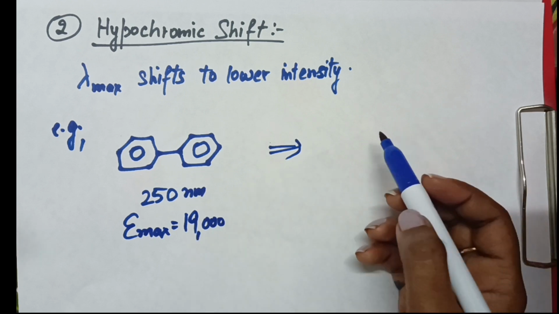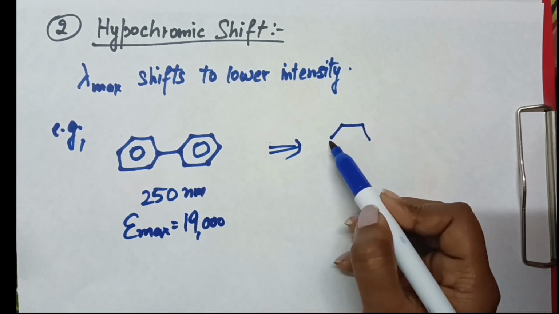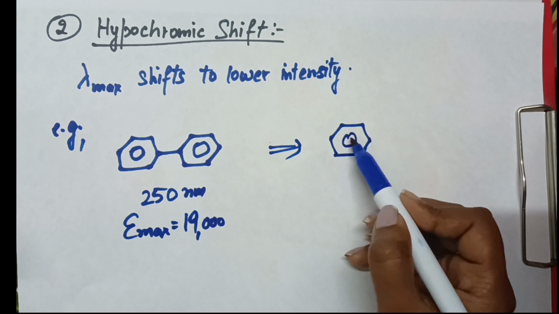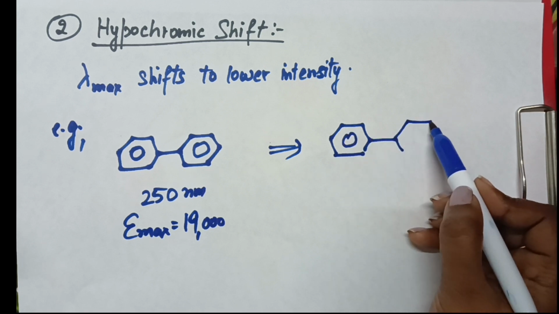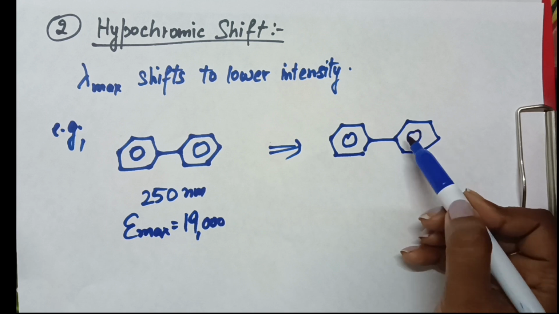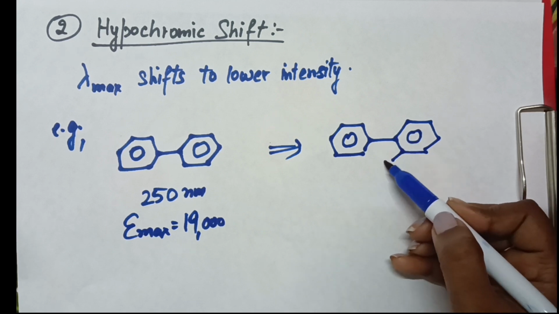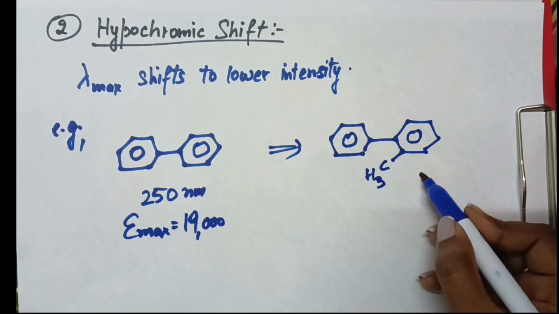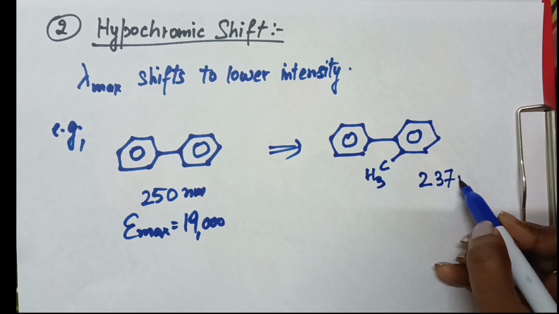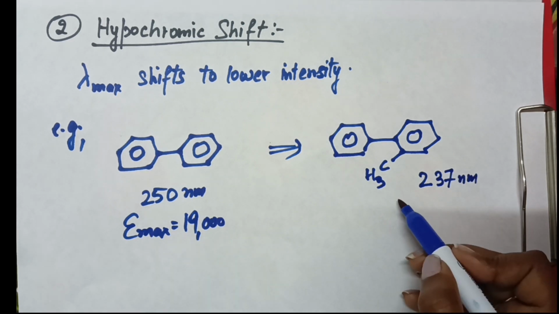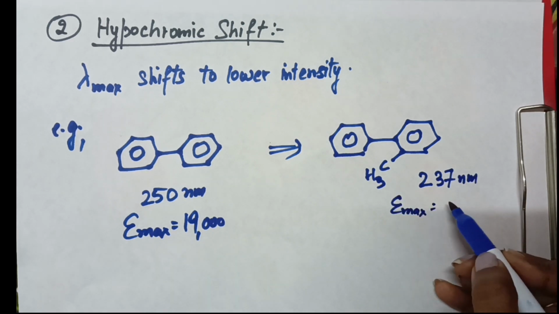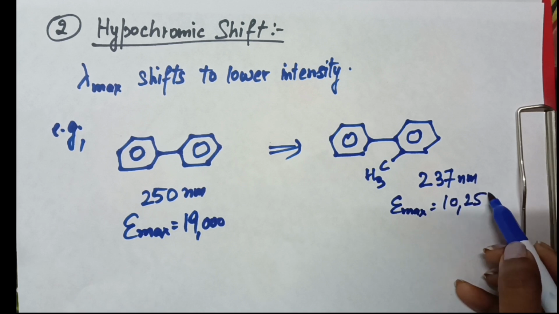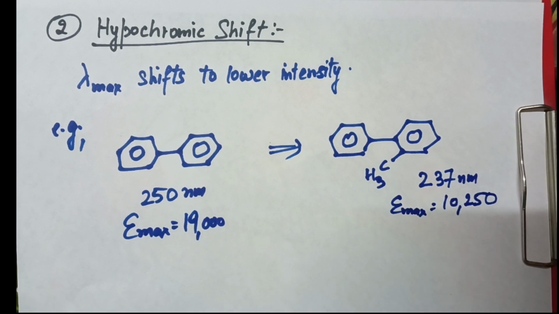Now take a biphenyl with methyl substitution here. In this case we get lambda max of 237 nanometer with epsilon max of 10250. This is an example of hypochromic shift.